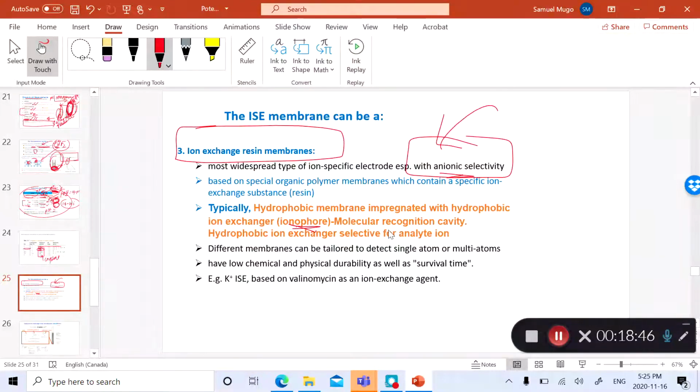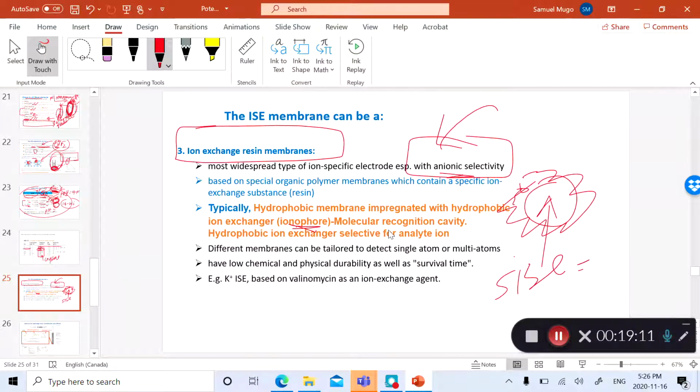And an ionophore is often a synthetic material or chemical that has got a cavity, and that cavity is selective to the analyte of interest. So in most cases, an ionophore is a material that has got a cavity, and the cavity size is equal to the size of the analyte that you're trying to analyze.